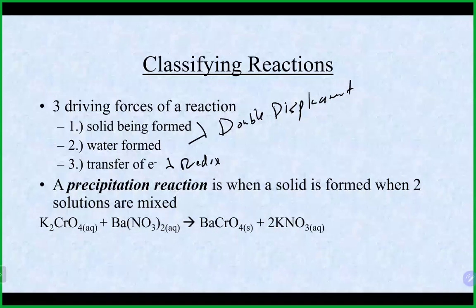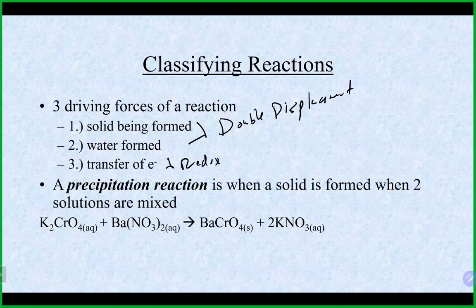A precipitation reaction is a more specific classification of a double displacement reaction. This is a positive, negative, positive, negative, and these guys switch places to the other side. The formation here of a solid, which is our precipitate, means it can be classified by most people as a precipitation reaction.